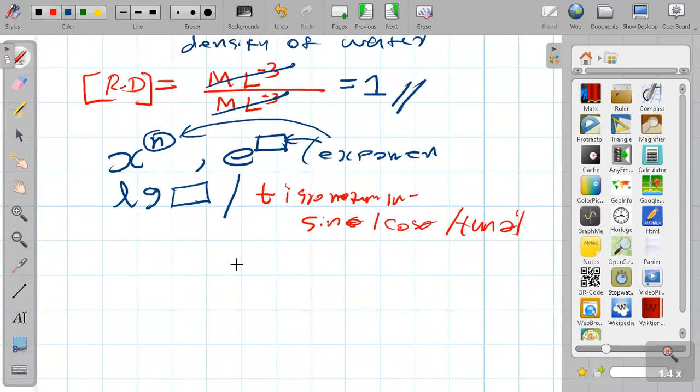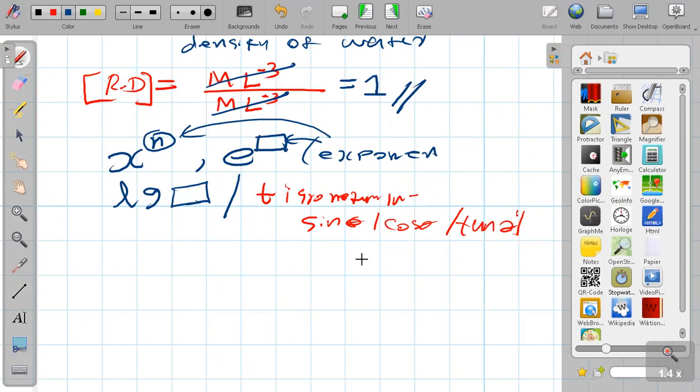Write this in a new line. All of the above mentioned categories belong to dimensionless quantities.